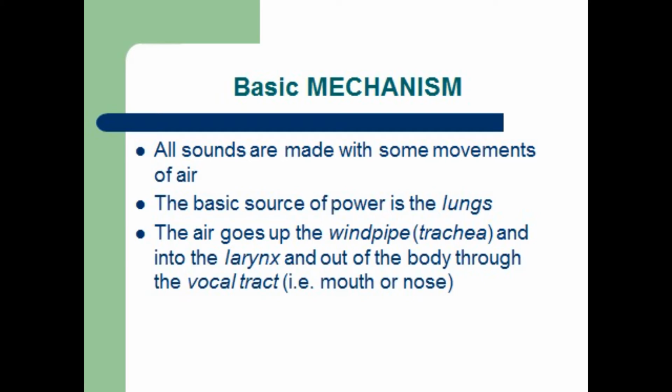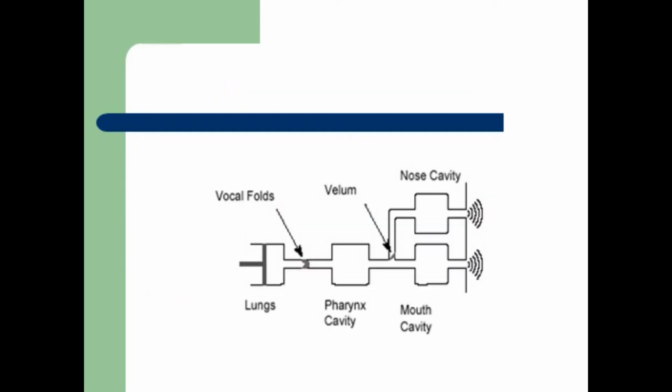The air goes from the lungs to the windpipe, or called trachea, and then to the larynx and out of the body through the vocal tract, either through the mouth, that is the oral cavity, or through the nose, that is the nasal cavity.